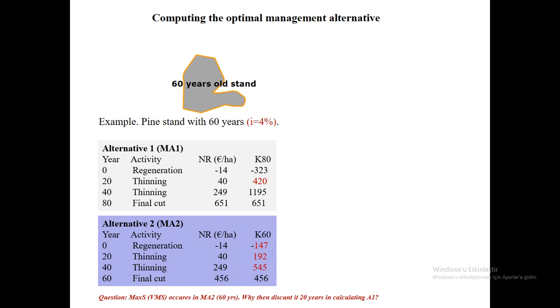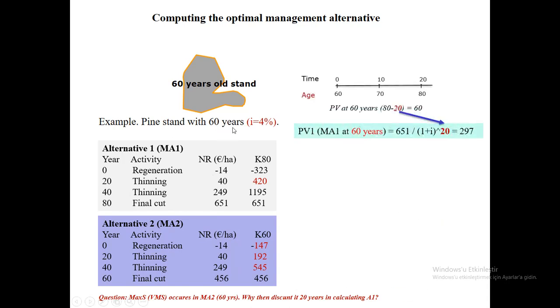Okay. The interest rate is 4% and the stand is at the age of 60. So remember this one. Let's draw the picture. This is the time period, this is the age, this is the age of 60. We would either with alternative 2 manage the stand with 60 years of rotation or 80 years of rotation.